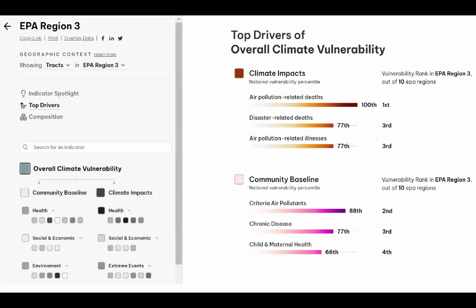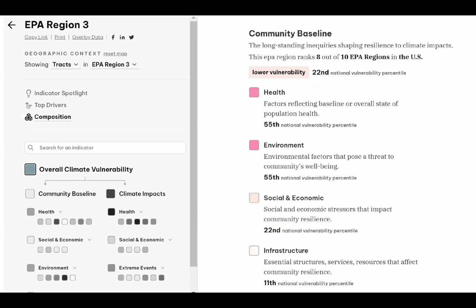And the community baseline is second. Chronic disease is third, and child and maternal health is fourth. The community baseline is relatively okay. It's lower vulnerability.